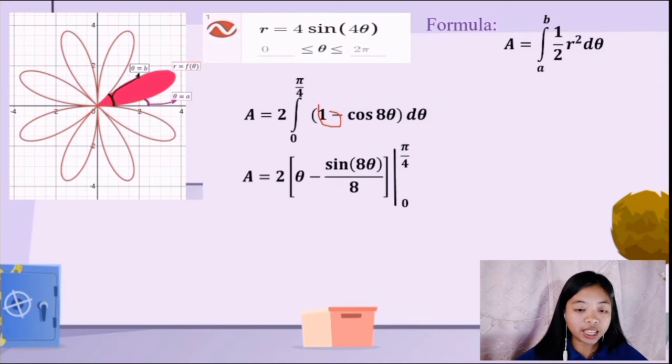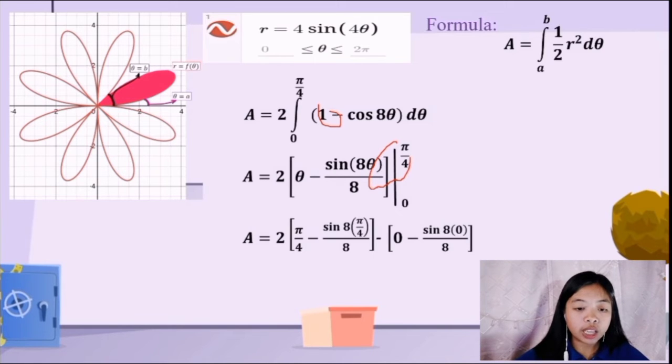And we evaluate it from 0 to pi over 4. So now, let's replace theta with pi over 4, and the area is equal to 2 times pi over 4 minus sine of 8 times pi over 4, over 8. And let's plug in 0 for theta, and it will become 0 minus sine of 8 times 0 over 8, which is simply equal to 0.